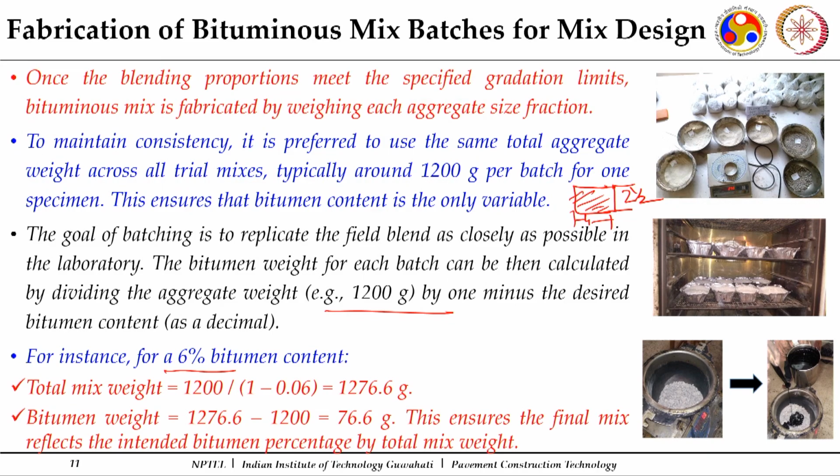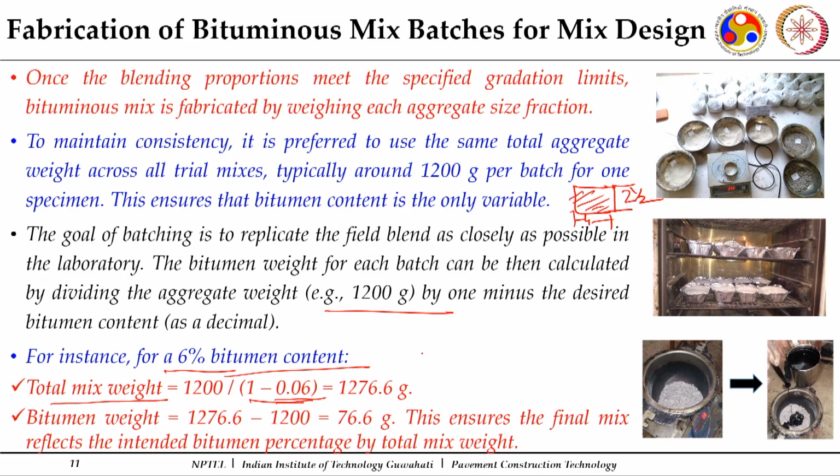Now, for this particular one, what it means is that if I have taken an aggregate of 1200 gram and I want to have a binder which is 6%, then I need to work out the total mix weight. So, the total mix weight in this particular case will be 1200 divided by 1 minus 6% divided by 100.